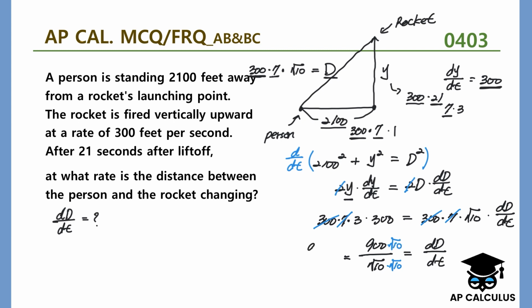So we have 900 square root of 10 over 10. So that's going to be equal to 90 square root of 10. So the distance is changing at 90 square root of 10 feet per second.